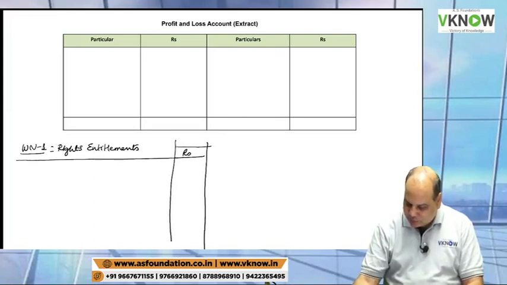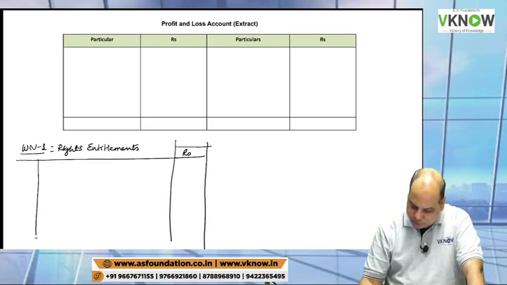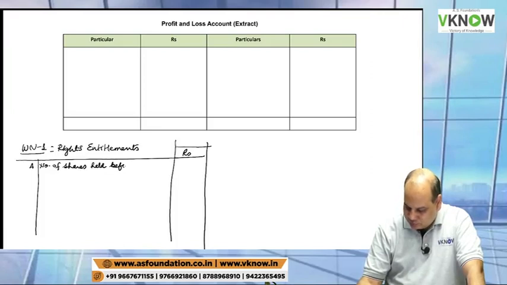Right hand side amount. First point A, number of shares held before right issue.